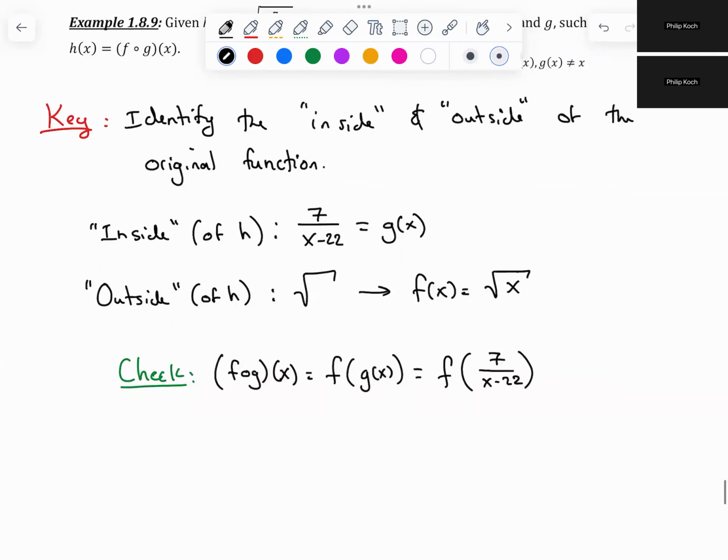All I need to do is plug in 7 over x minus 22 wherever I see an x inside of the function f. There's only one instance of x, so I'm just going to replace that x with 7 over x minus 22, which is h of x. So we did it right.